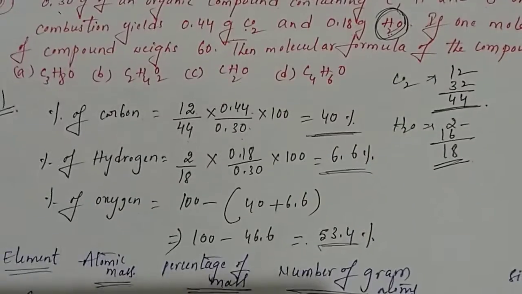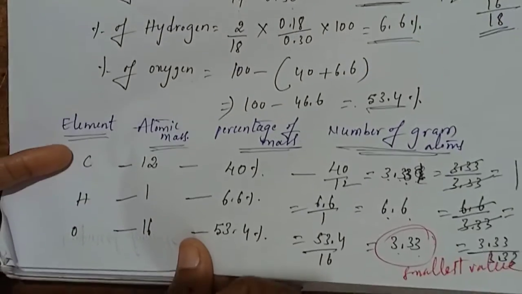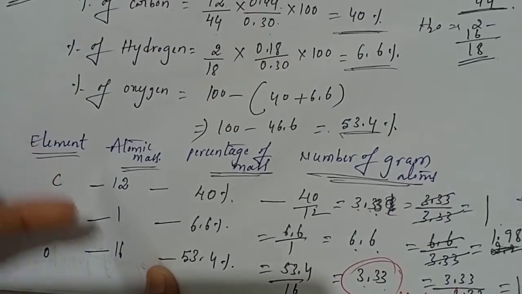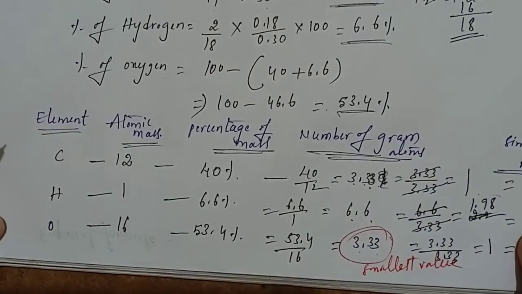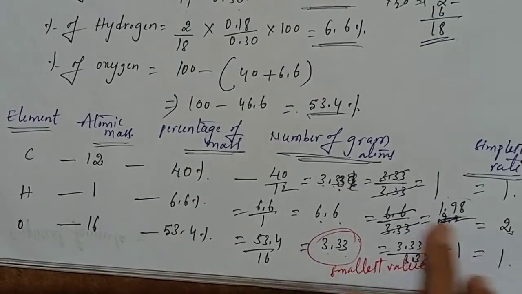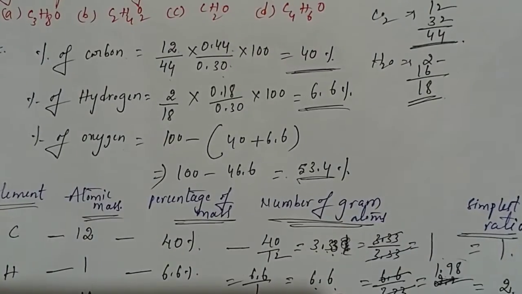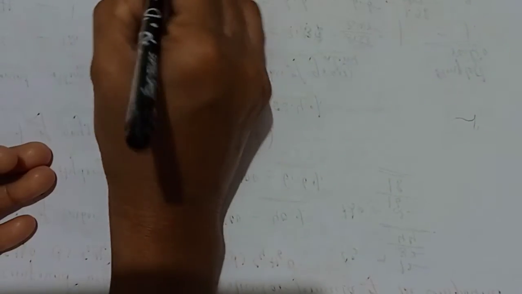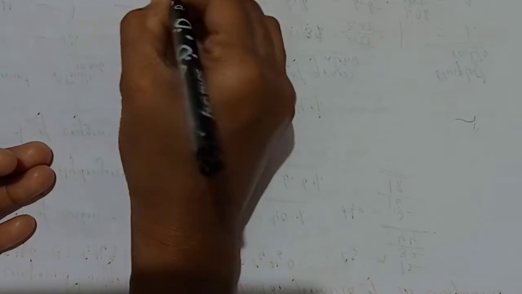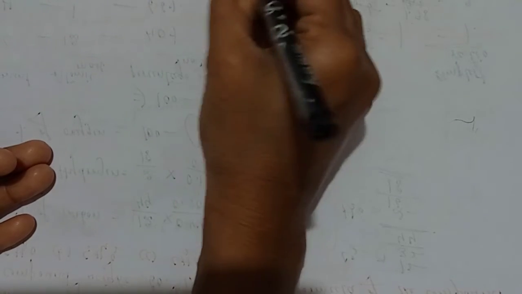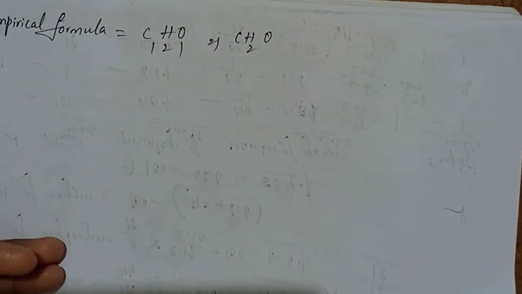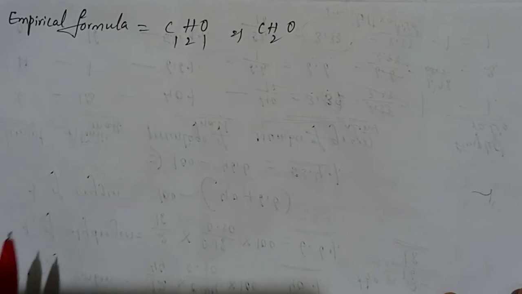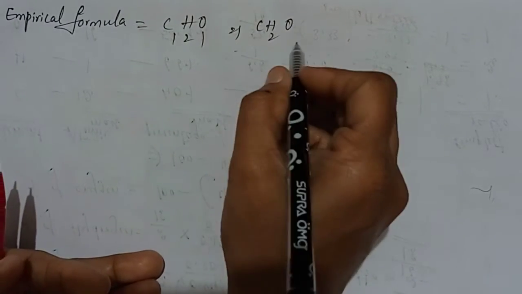Carbon, hydrogen, oxygen. Carbon 1 atom. Now hydrogen how many? 2 atoms. So oxygen 1 atom. So the empirical formula is carbon, hydrogen, oxygen in the ratio 1 to 2 to 1. So we can write it as CH2O. Are you clear this one? CH2O. So this is the empirical formula, students.